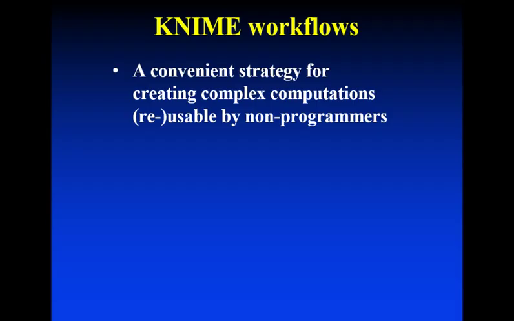Just a little puff at the end for what we use, because we like it and therefore we're happy to promote it. It's also free, which is a very big advantage, and shareable and open, so everyone can use it. It's a system called KNIME, K-N-I-M-E, and it's essentially a visual environment for constructing computational things.